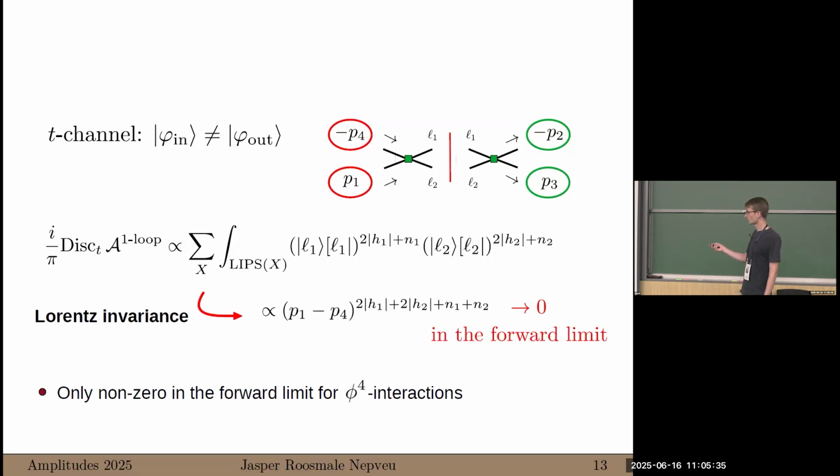The only case in which this exponent is 0, and in which we therefore cannot claim that this will vanish, is in phi-4 theory with phi-4 interactions. In any other case, the T-channel diagram or T-channel discontinuity does not contribute in the forward limit to the renormalization.